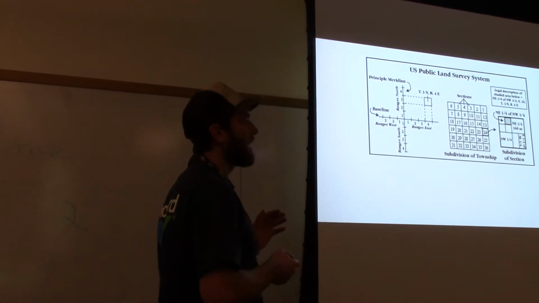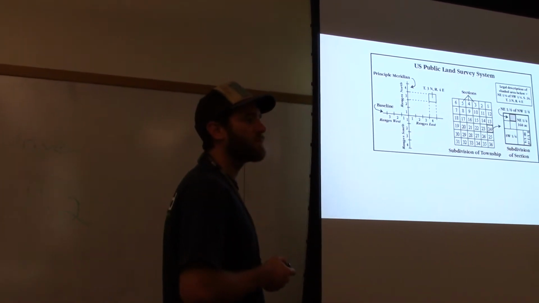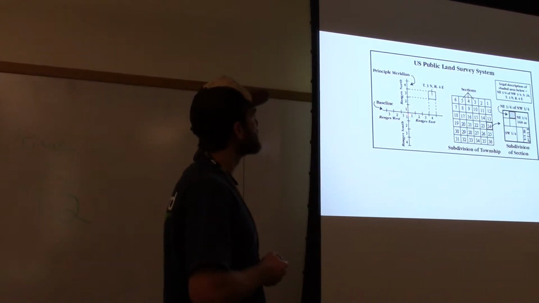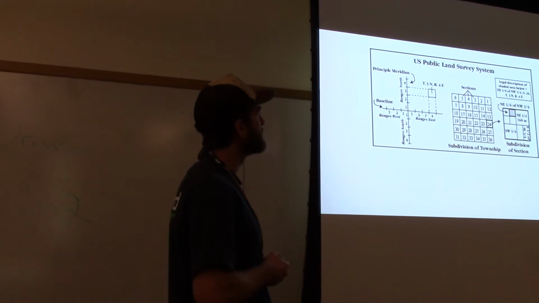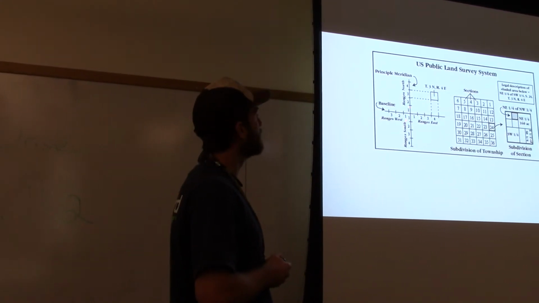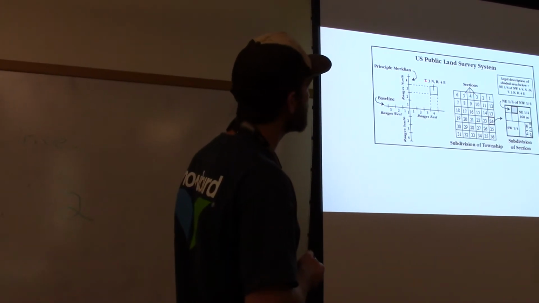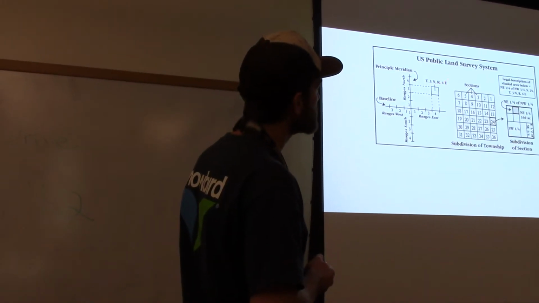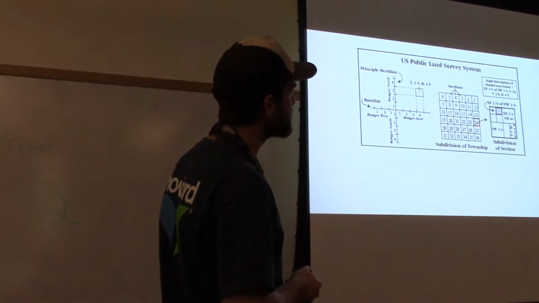Then how do we describe what township we're in? Does anyone remember? So we started off here, and we want to describe where, for instance, this is. So we need to kind of move up the township, right, and over the range. So we get that township 3 north, range 4 east. And then we have our section here, so we're in section 24.